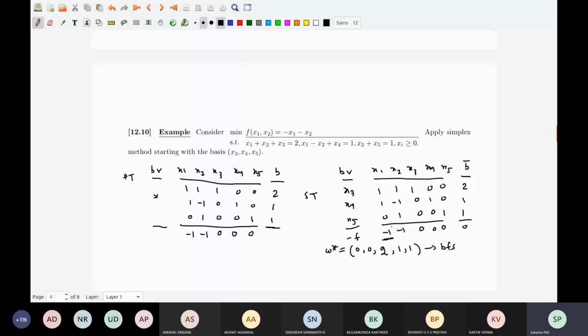In that case, the simplex algorithm says evaluate alpha max. How do you evaluate alpha max? Take the ratios wherever that column has positive entries. So here it is 2 by 1 and here it is 1 by 1. Wherever it is positive, take those ratios, and whichever is minimum, that is the place.